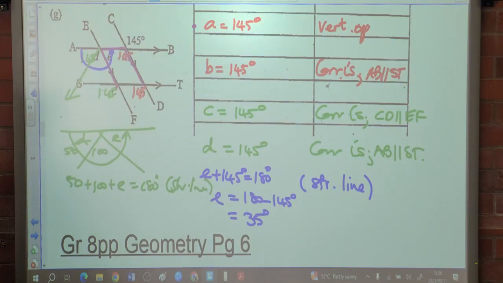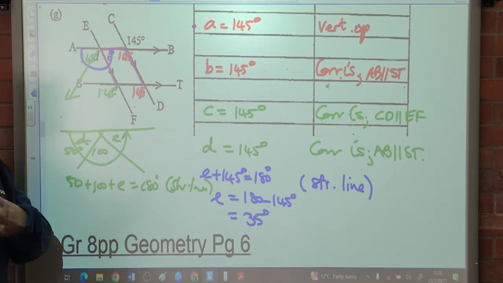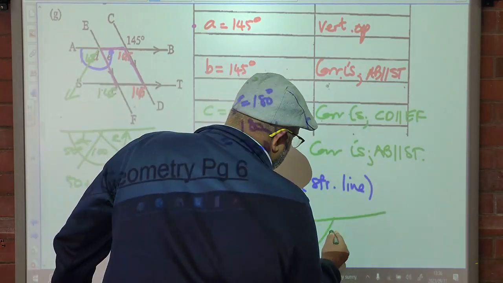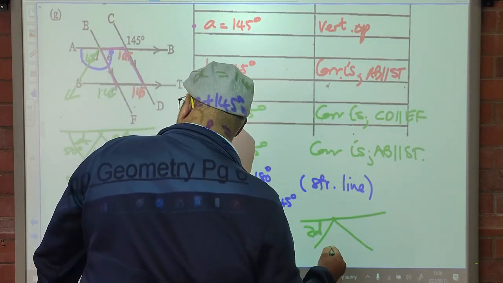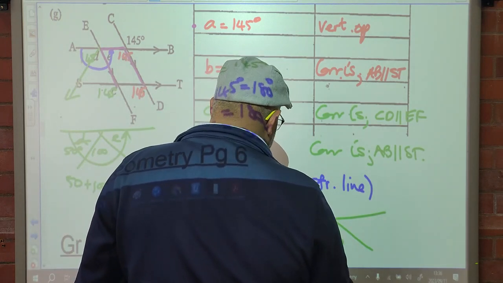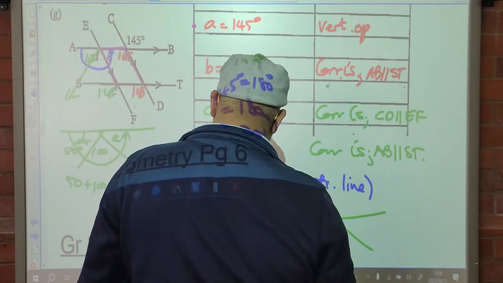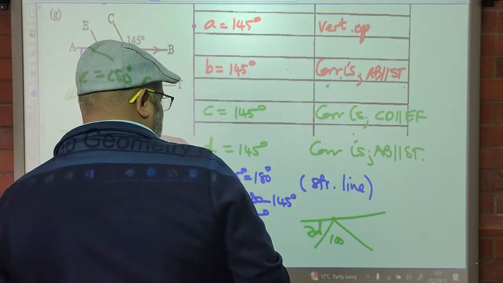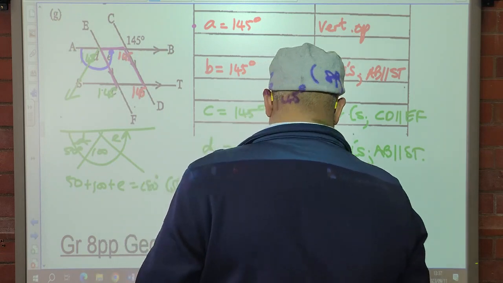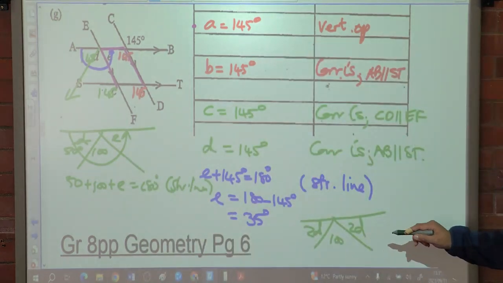But the reason why I needed to know this angle here is because when we set up our equation, there must only be one unknown. Unless you got a straight line looking like this: you got 2D, 100, and maybe another 2D here. That will work for us. Why?